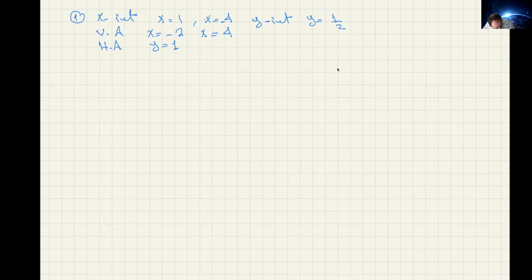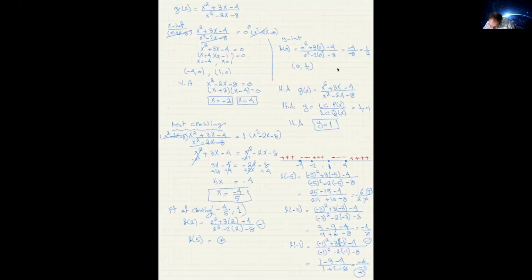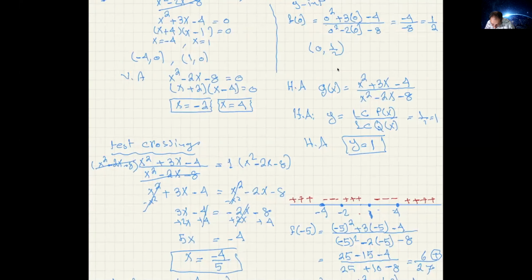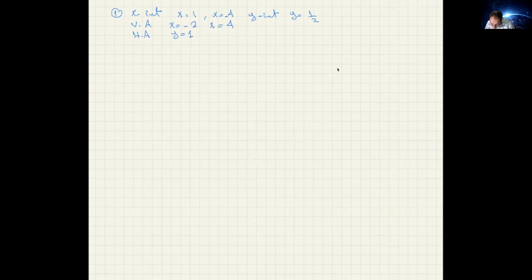Let's double check here again. I have -4 and 1 for X-intercept, -4 and 1. And for Y-intercept, I have Y is 1/2. Vertical asymptote is -2 and 4. Horizontal asymptote, Y equals 1.